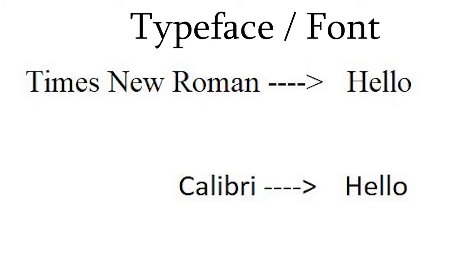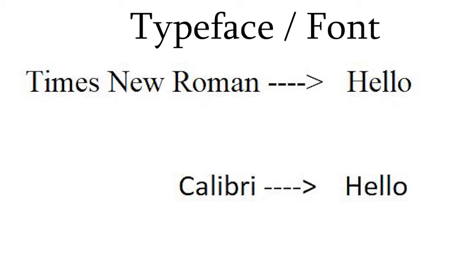But today we're going to be looking at some examples of typeface, and just here you can see we have the typeface Times New Roman and the typeface Calibri. And already you can see a difference in design with how Times New Roman is written.